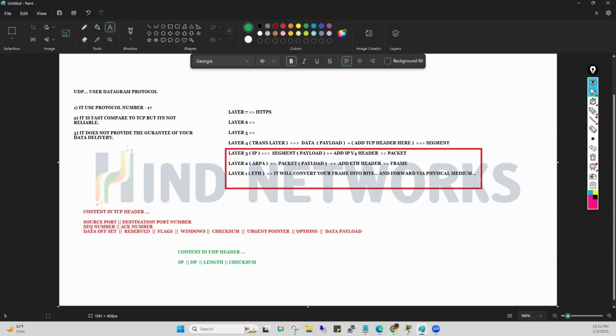Clear, guys? Everyone, yes or no? Now, one thing, what is the difference between TCP and UDP?